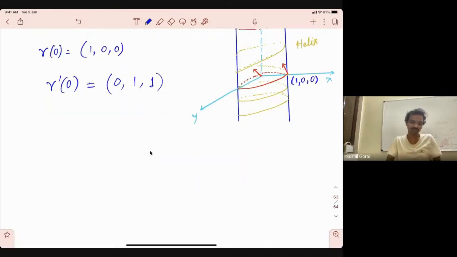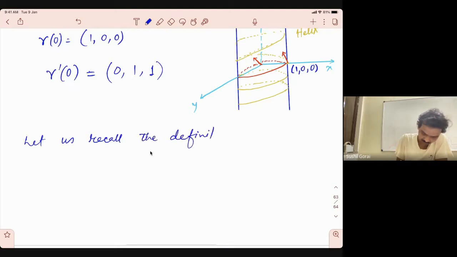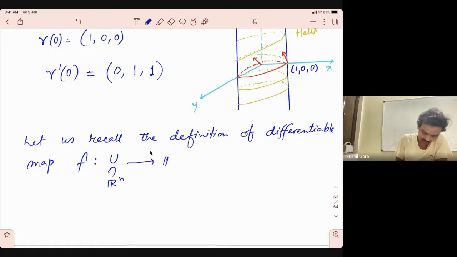Okay, let's go back to the definition of derivative. Let us recall the definition of a differentiable map f from U, a subset of Rn, to Rm.